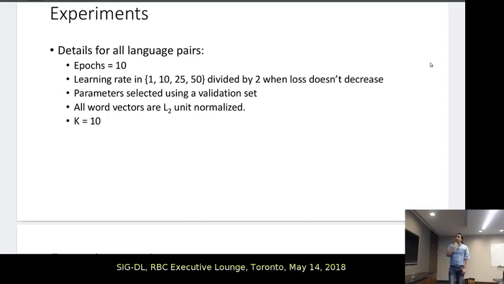So these are the experimental details for our language pairs. In 10 epochs, these numbers resulted from a validation set. Those are the learning rates, divided by 2 when the loss doesn't decrease. And all word vectors are L2 unit normalized. And K is the number of your neighbors.